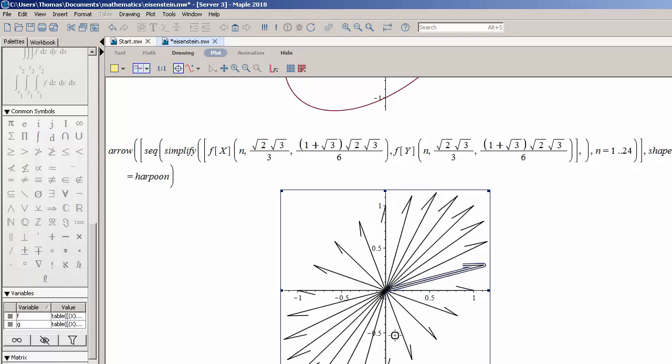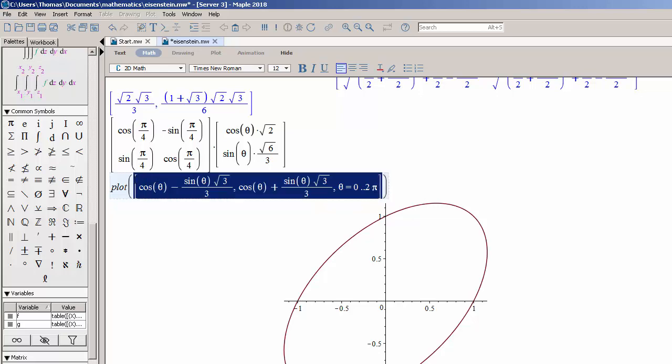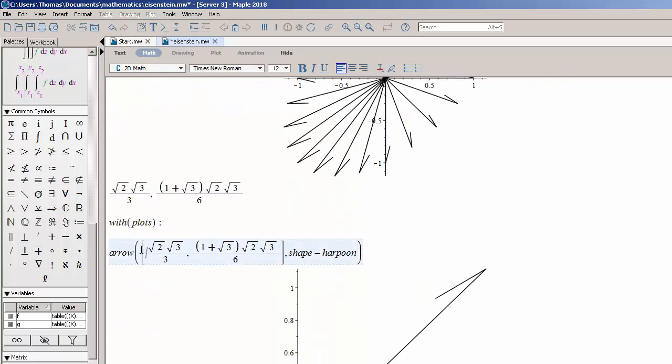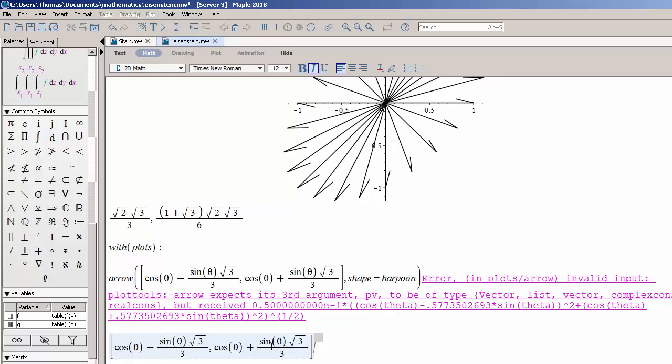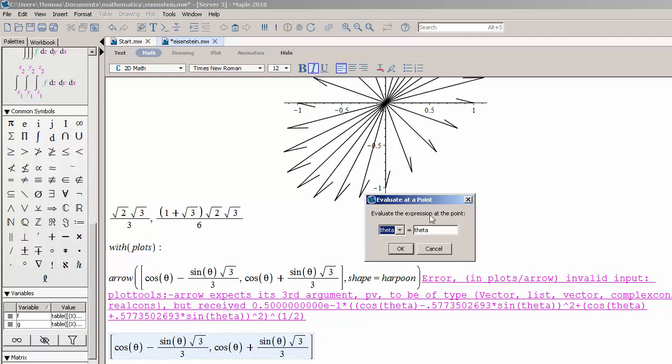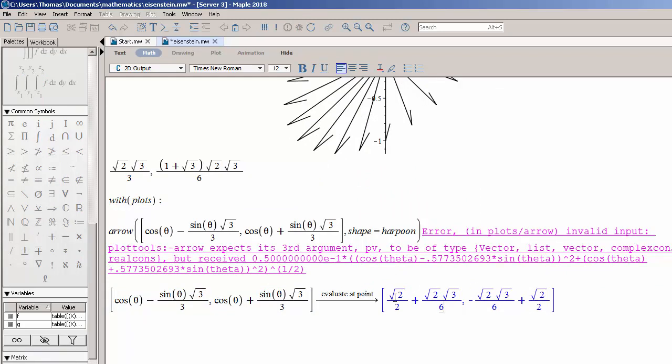That's the 21st vector. That's what the vector should be right here.